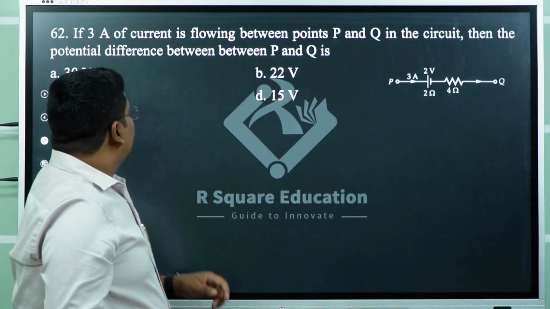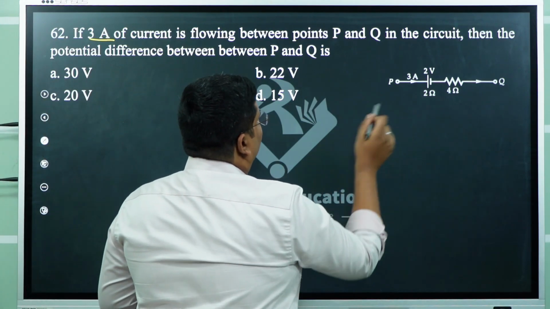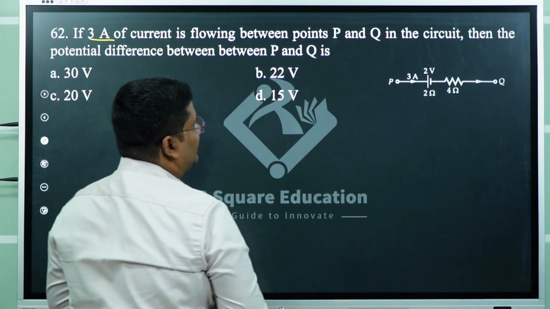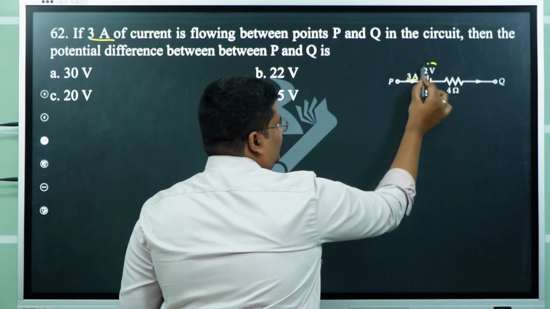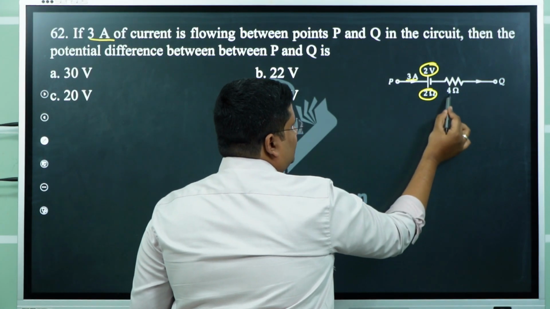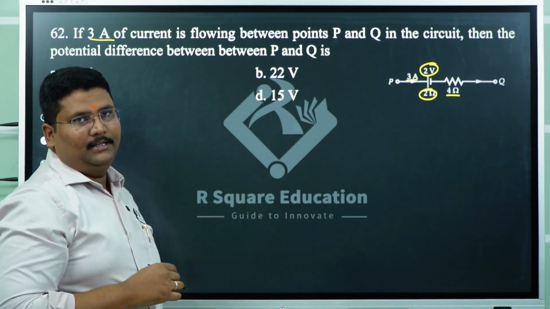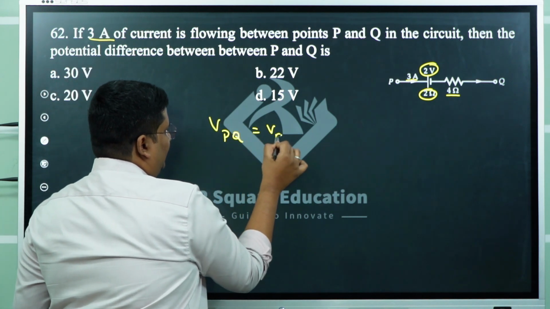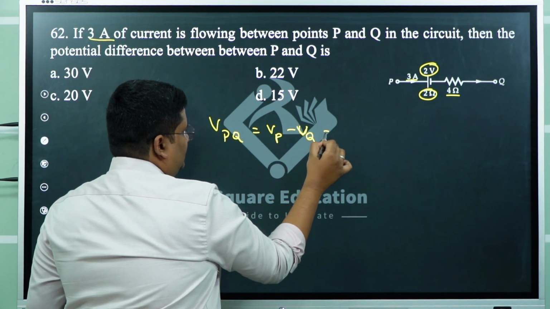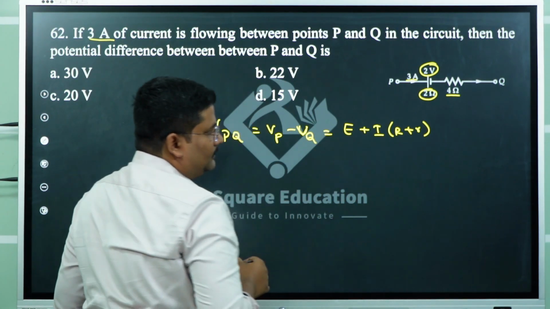See this question. If 3 amperes of current is flowing between the points P and Q in the circuit, then the potential difference between P and Q is. In the circuit, the 3 amperes flows and there is an EMF of a cell, an internal resistance and a 4 ohm resistor. They are asking us to find the potential difference across P and Q. So VPQ, which is equal to VP minus VQ, is nothing but E plus I into (R plus r), right?